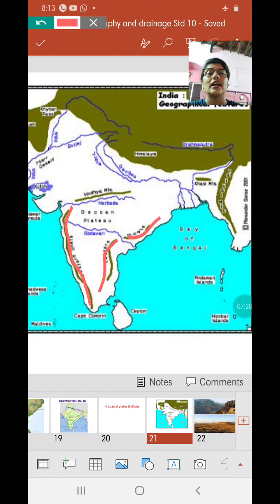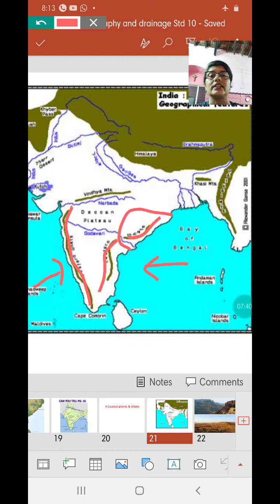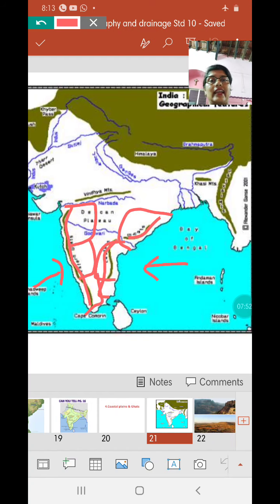The Eastern Ghats are running parallel to the Bay of Bengal, while the Western Ghats are running parallel to the Arabian Sea. The Eastern Ghats are stretching in the states of Orissa, Andhra Pradesh and a little bit of Tamil Nadu, while the Western Ghats are stretching in the states of Maharashtra, Karnataka and Kerala.